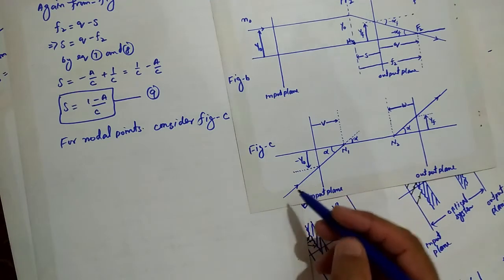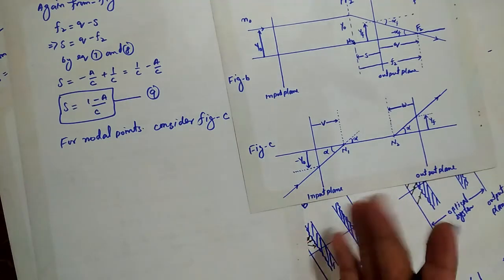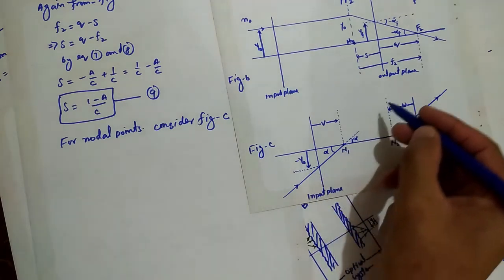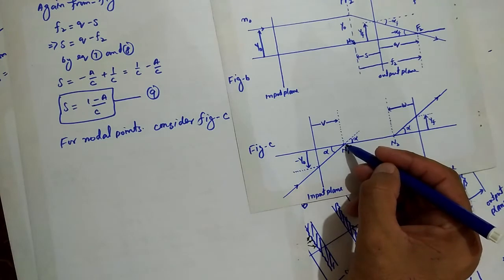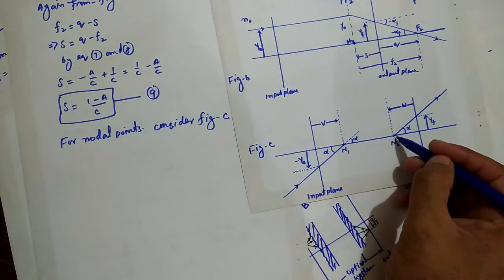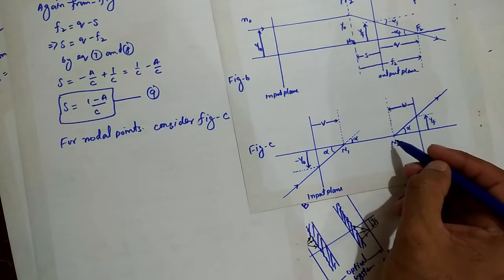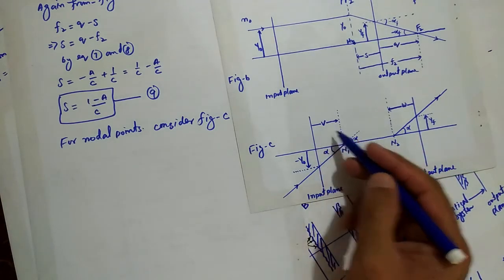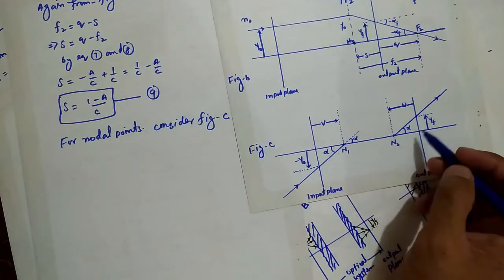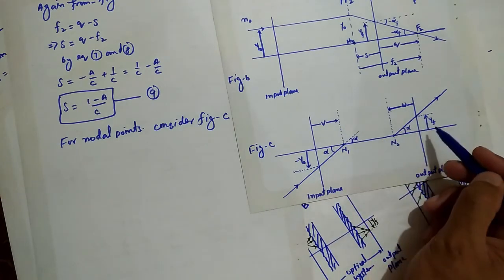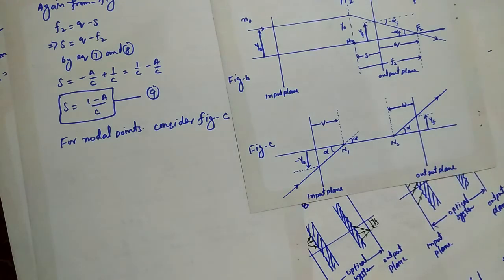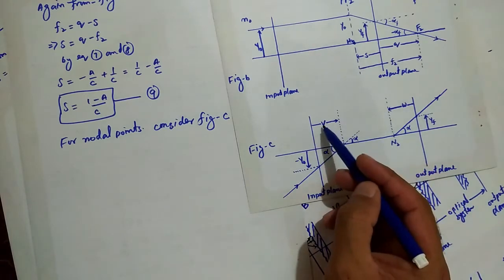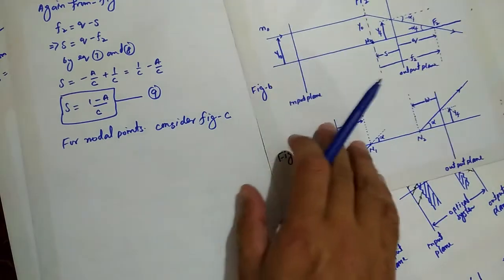When a ray of light strikes the input plane at some angle with the optical axis, it doesn't go straight. So one refraction occurs here and second refraction occurs here at this point. So these 2 points are called the nodal points. This nodal point N1 is at a distance v with respect to the incident plane, while the back nodal point N2 is at a distance omega with respect to the output plane. So now we are going to calculate these positions, the position of N1 and N2, which is v and omega.